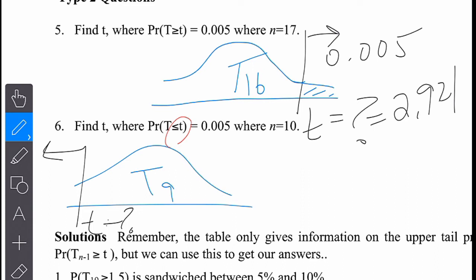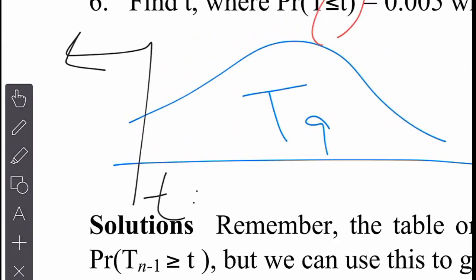Sorry, let me do that again so it's not so messy. Let me make this bigger. So I'm going to say t equals question mark, and this is 0.005, and don't I know that answer?